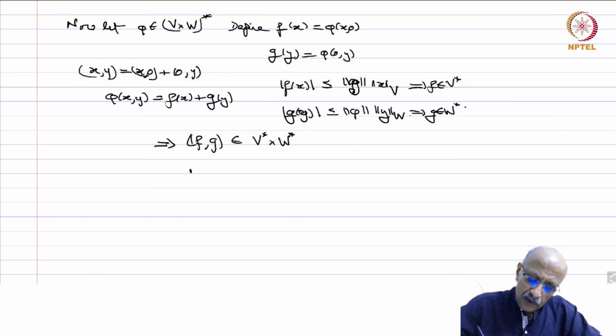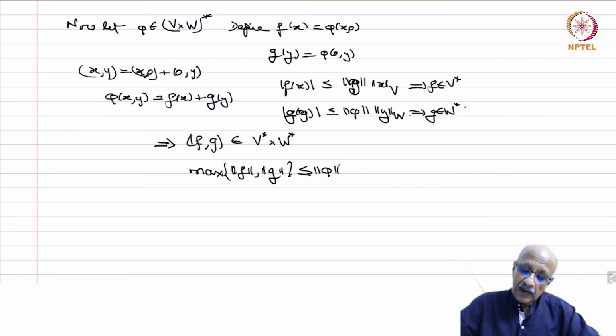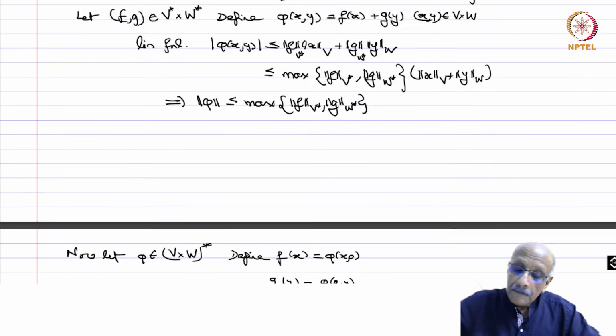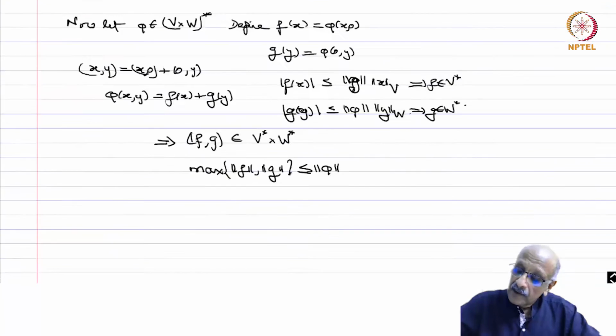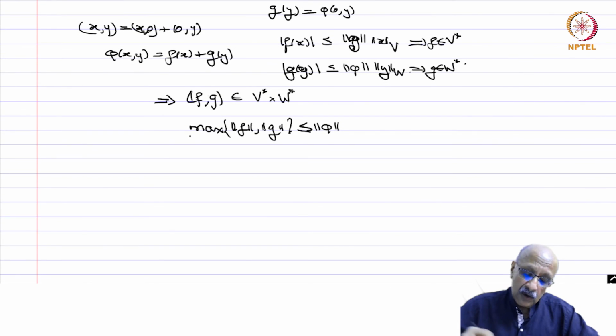And what about the max of norm f, norm g? This is still less than or equal to norm phi. So previously we showed norm phi is less than or equal to max of norm f, norm g. Now we are showing that every phi can be thought of in the same way as an (f, g), and max of norm f, norm g is less than or equal to norm phi.